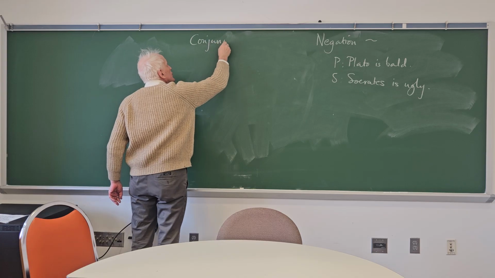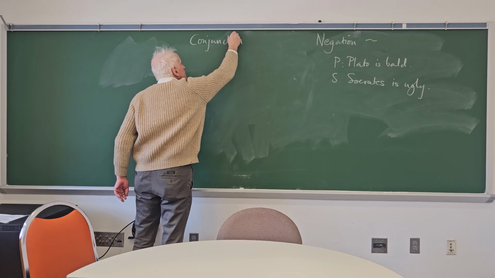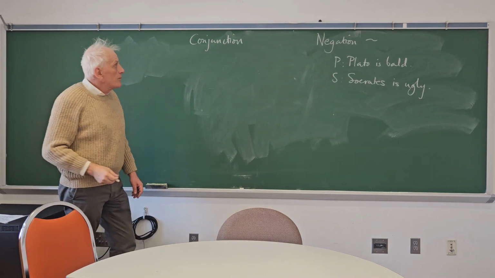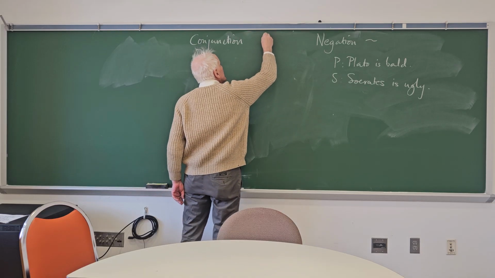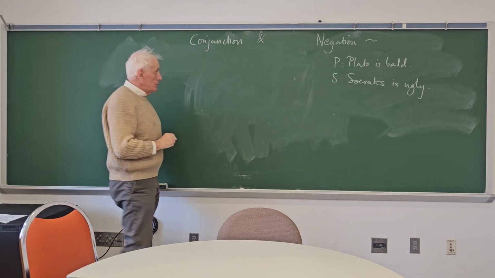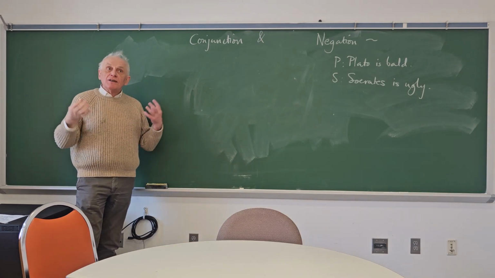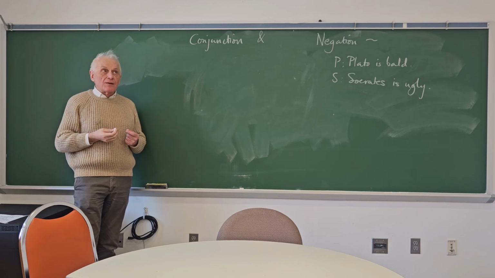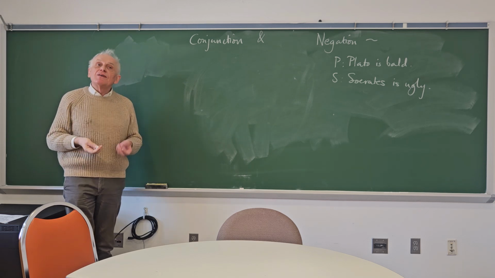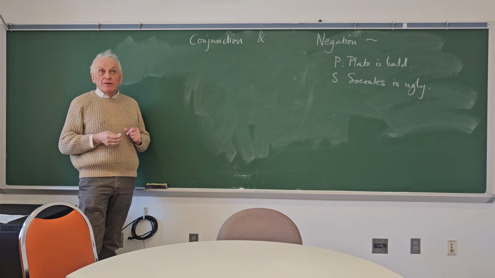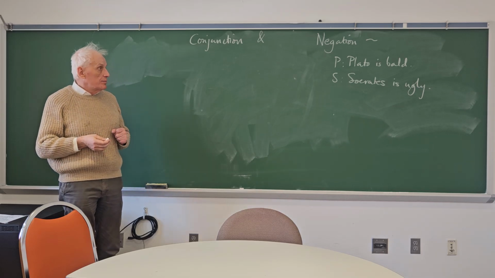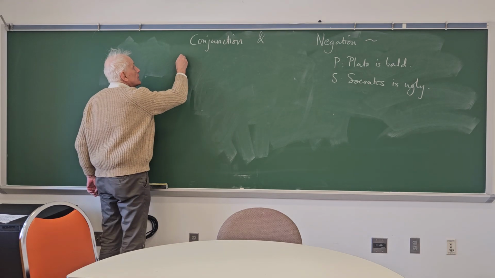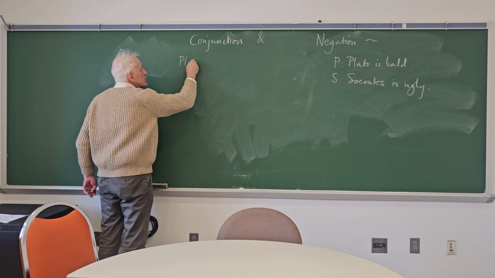The first of our truth functional connectives we call conjunction, represented by the ampersand, and that's because it connects two sentences together in the way that and does in a natural language like English.